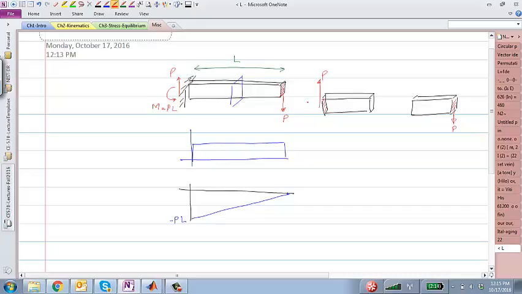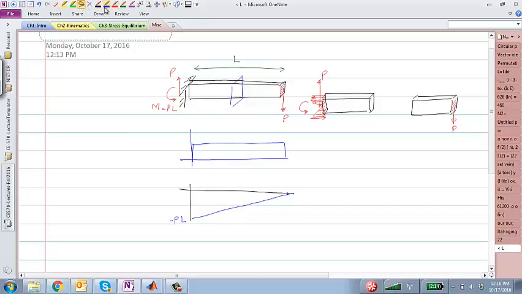That bending moment is the resultant of all of these distributed forces that look like this. So the top part is in tension and the bottom part is in compression. Do you agree? And the same thing holds at any cross section.